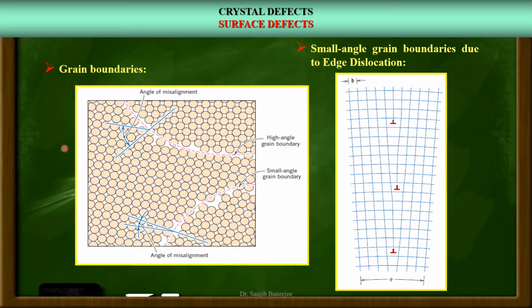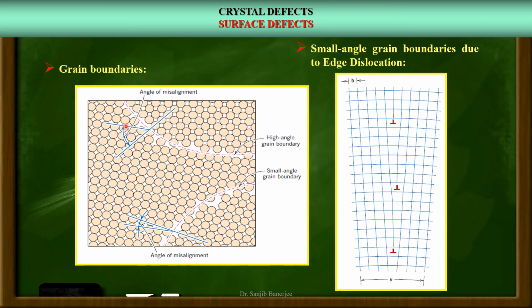Here in the second figure we can see the same phenomenon. Here we can see a particular grain having a definite crystal structure. Here this is a different grain of the same crystal structure but having a different crystal orientation.